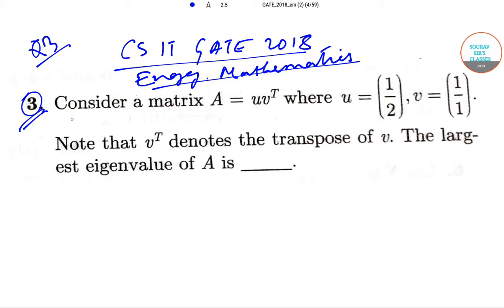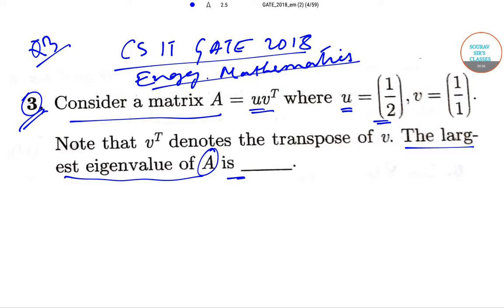In question number 3, we have to consider a matrix A equal to U into V transpose, where U is given by 1 and 2, and V is equal to 1 and 1. In that case, we need to find the largest eigenvalue of A. So let's begin.